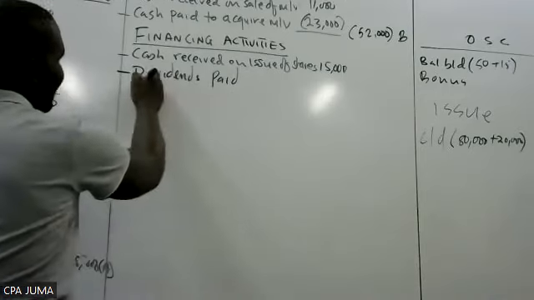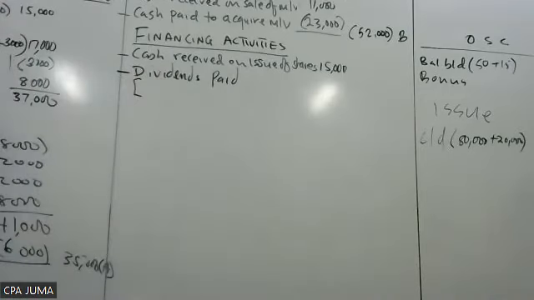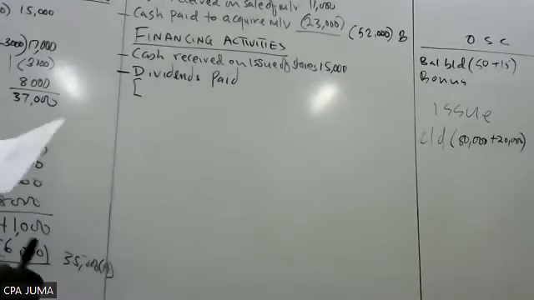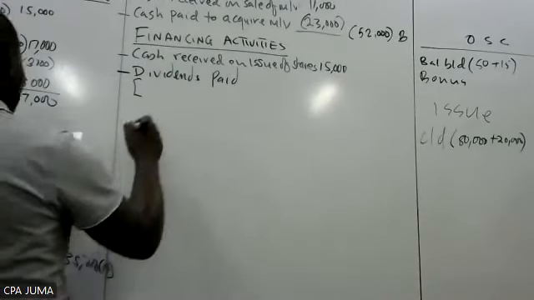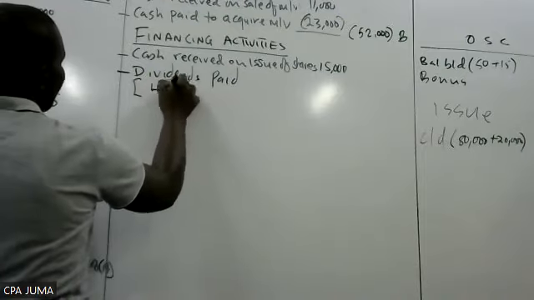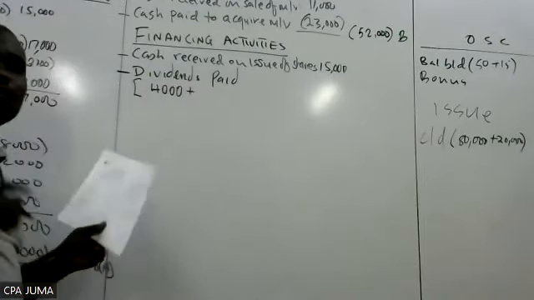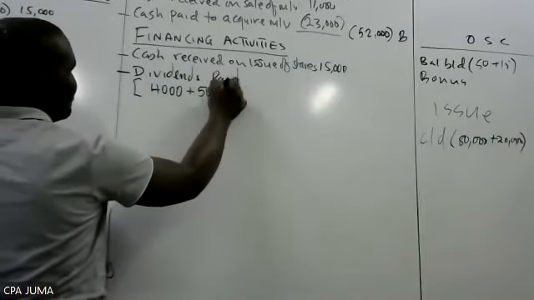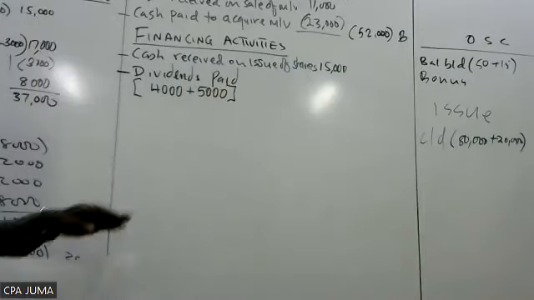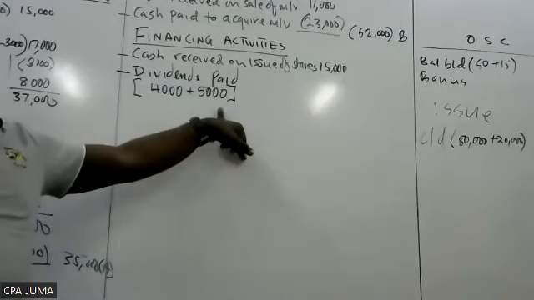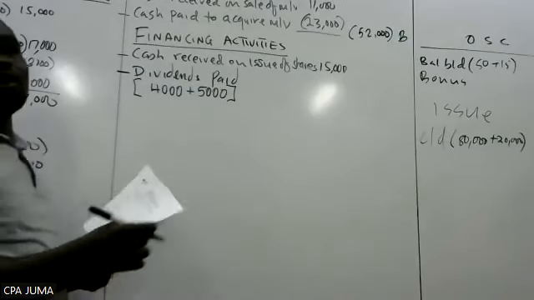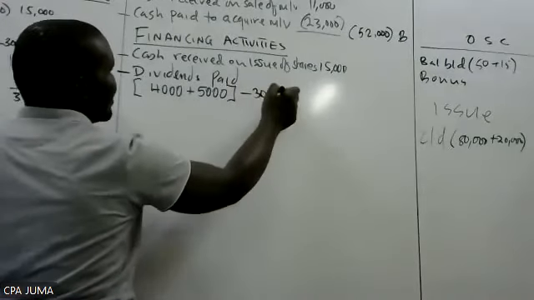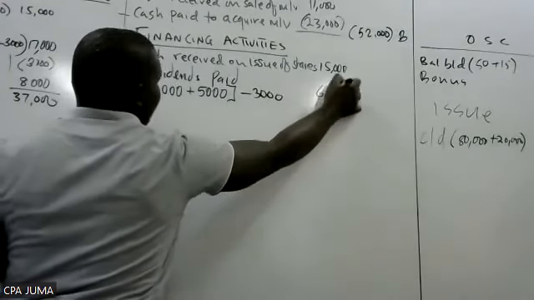Dividends paid, you do it this way. How much was proposed at the beginning? They proposed 4. During the year, dividends for the year, how much? 5. So it means the total dividend should be 9. But proposed at the end, which has not been paid, is 3. So those people paid how much? 6.